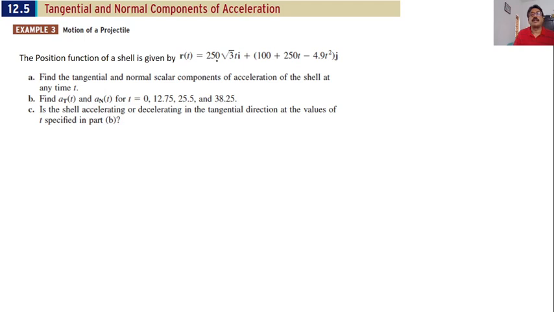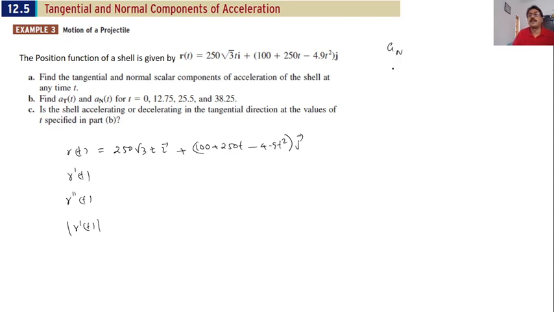We find r dash t, r double dash t, and also modulus of r dash t. These are the things we require to calculate a_n and a_t.